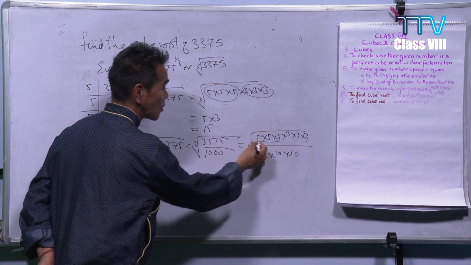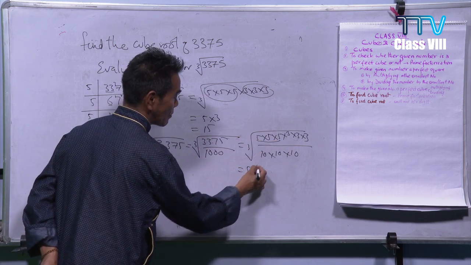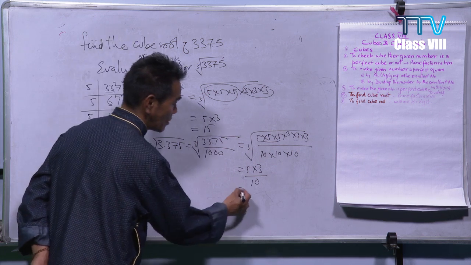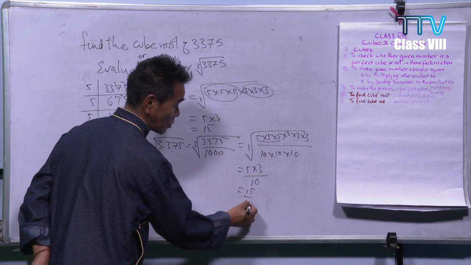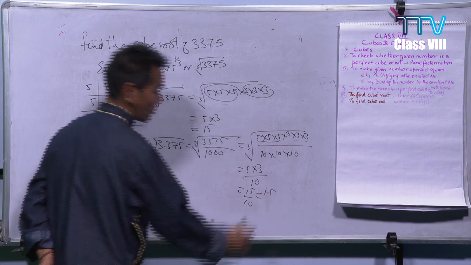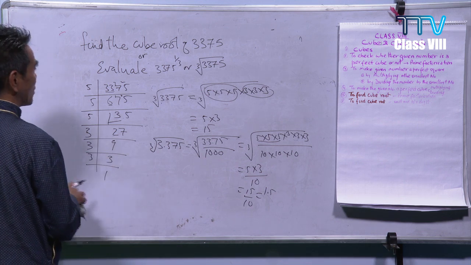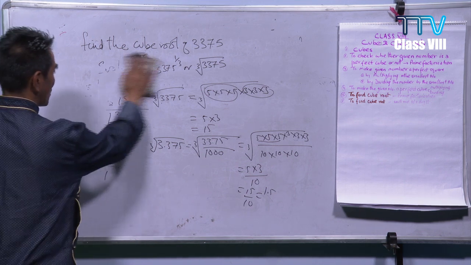So the cube root is 15 upon 10, which is 1.5. Right, that's correct.